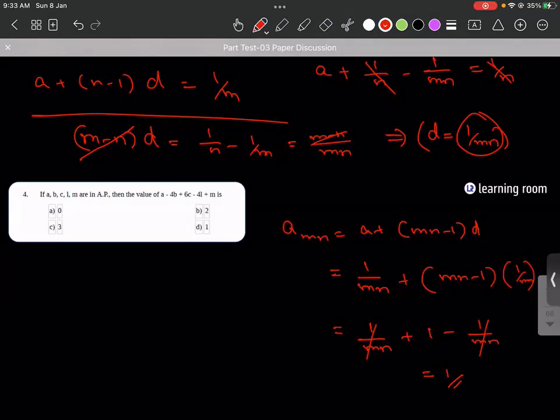Next. So just check your papers. If you have got the answer right, forget it. Wherever you had a problem, let me know so that we'll discuss those questions.